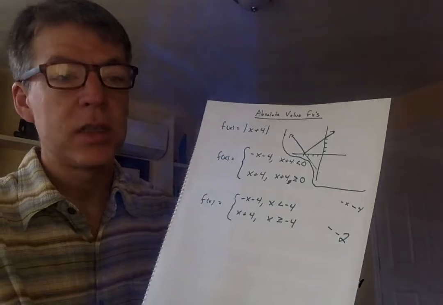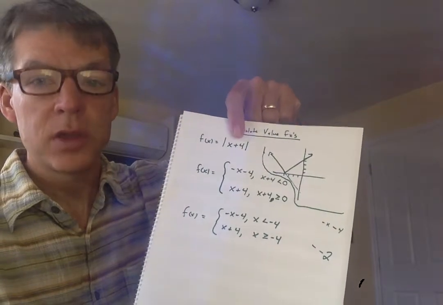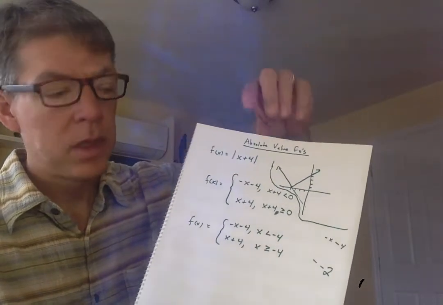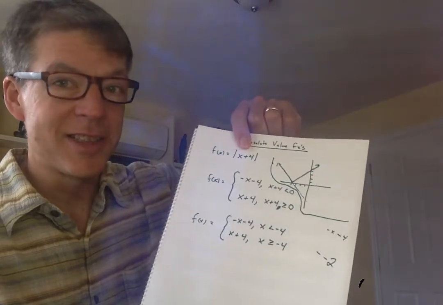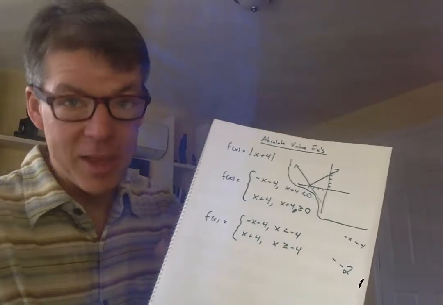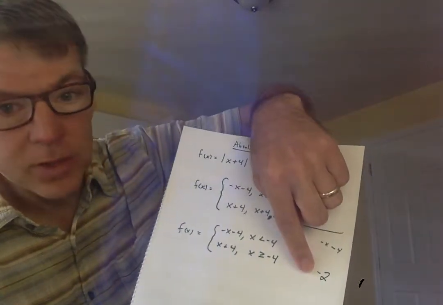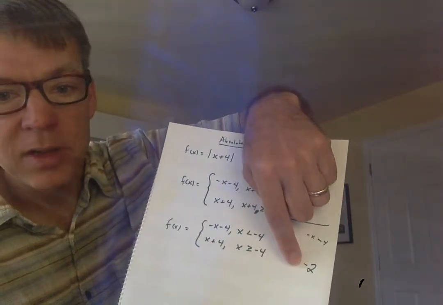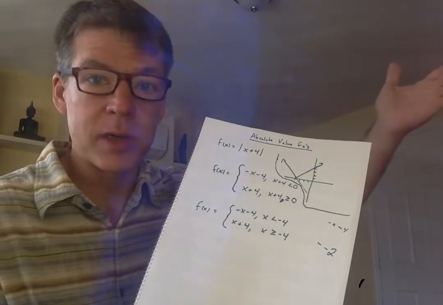So one way to think of these bars is this. If what's in the bars is positive, they do nothing. If what's in the bars is negative, they negativize that negative, and that makes it positive, right? So if what's in the bars is negative, just like we have negative 2 here, what do the bars do? They negativize that negative, which guarantees a positive number, right?